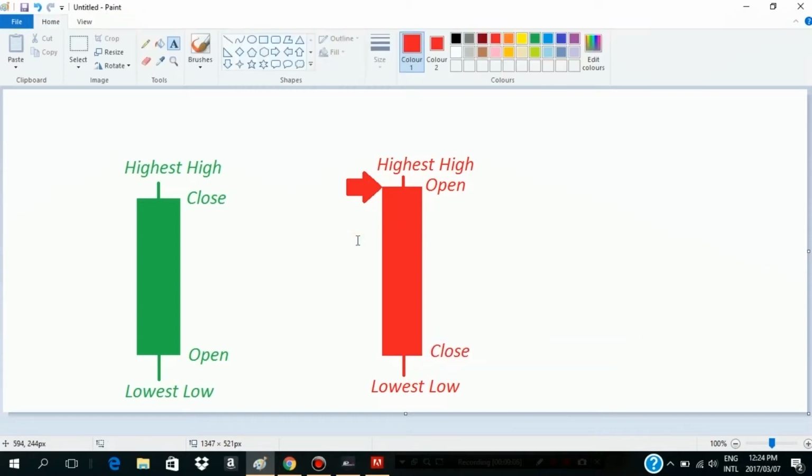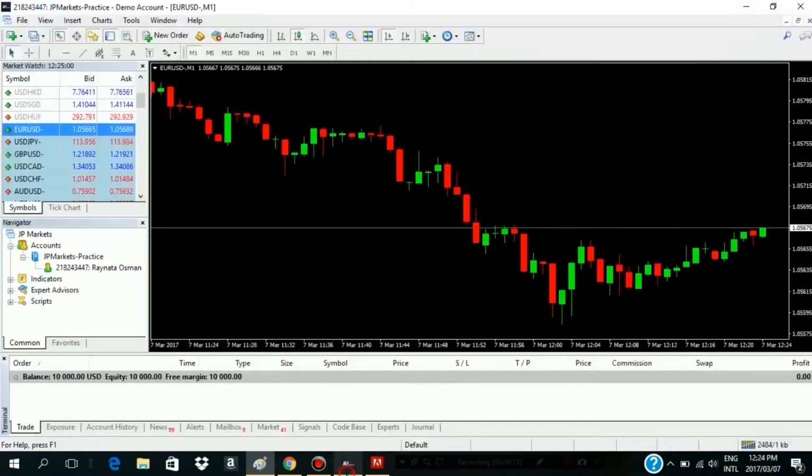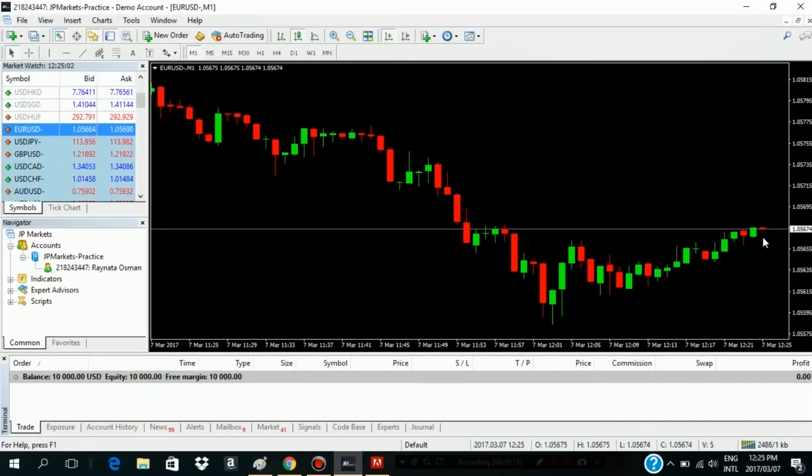Now that you've gotten an explanation as to more or less how candlesticks form, let's watch it happen practically on the market. Pay attention to this here. Notice how this on top here is your close. When price goes above that line, this candlestick is green. But when it goes below that line, it turns red.